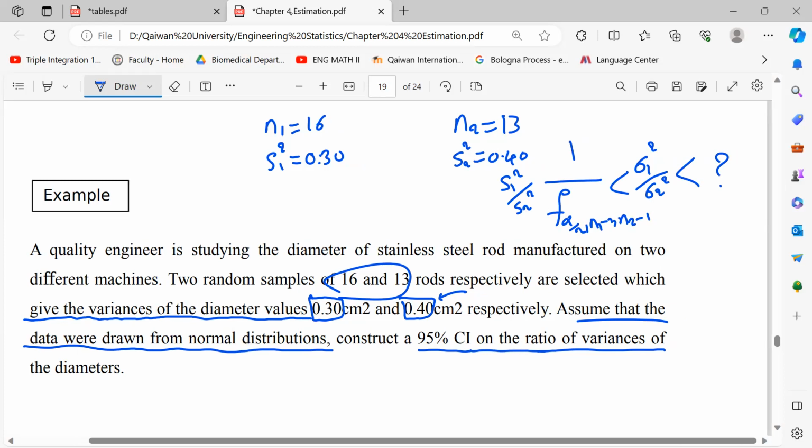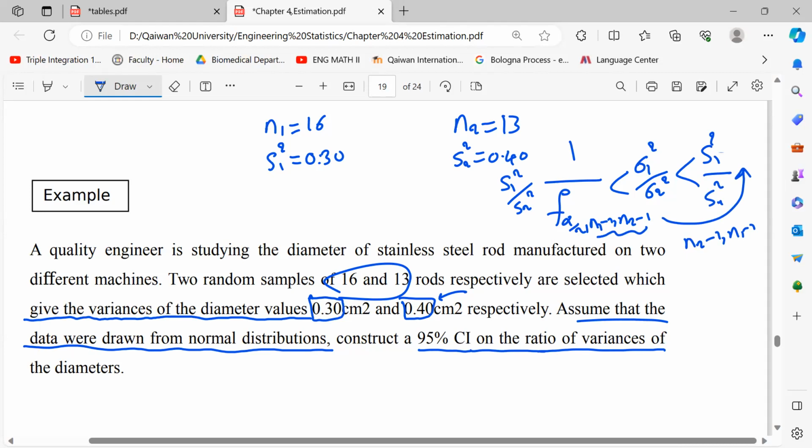And in the other side, we have S1 squared over S2 squared. We have this one here. But these are different. It is N2 minus 1 and then N1 minus 1. Okay? These are switched.